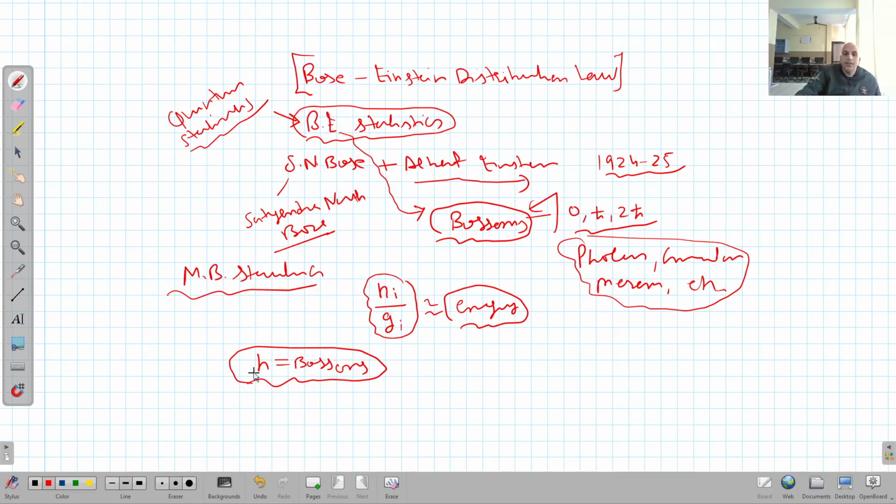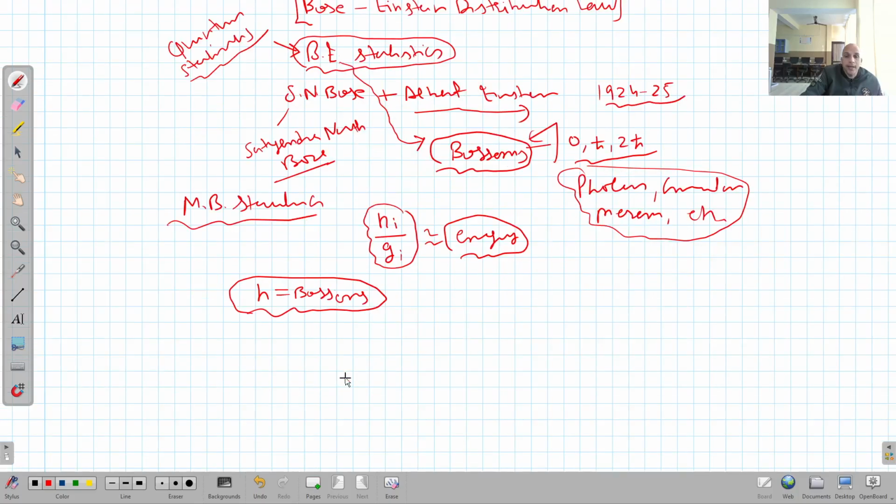The first one is that all these bosons are identical and indistinguishable. Clear? This is the main thing that differentiates quantum statistics from classical statistics. In quantum, the particles are identical as well as indistinguishable.